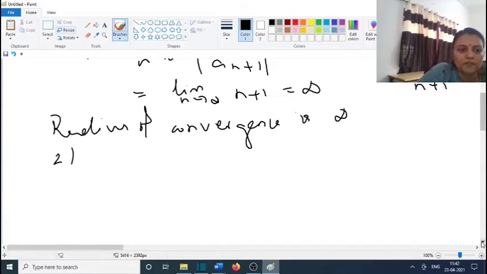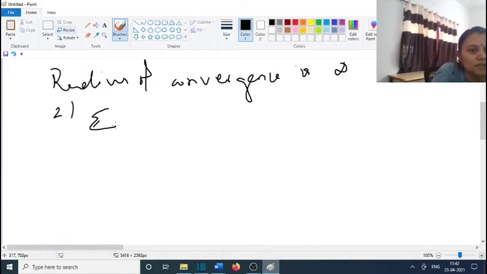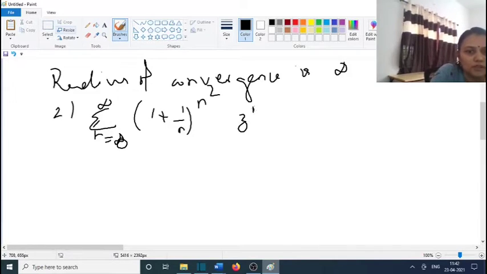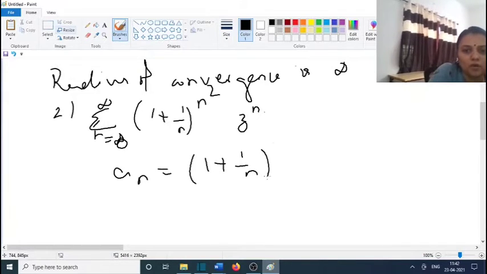Now the second problem. The second power series is sigma n equal to 0 to infinity (1 plus 1 by n)^(n squared) z^n. So a_n is equal to (1 plus 1 by n)^(n squared). We can use the first formula.